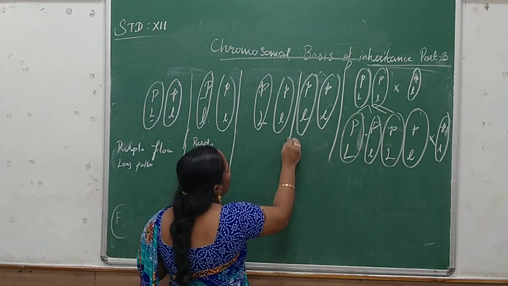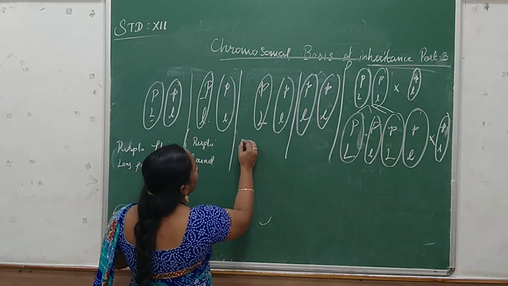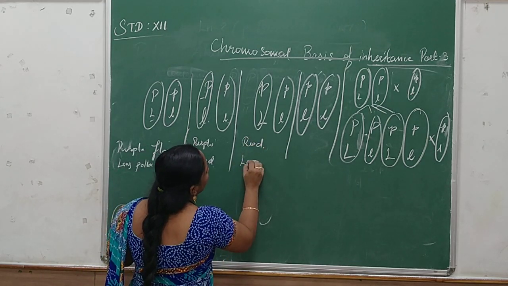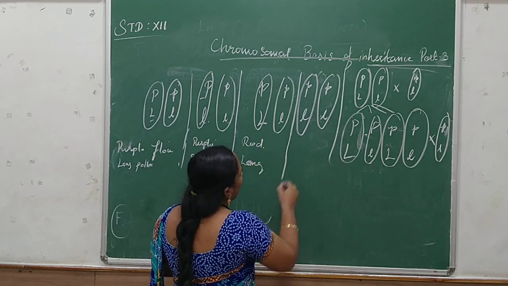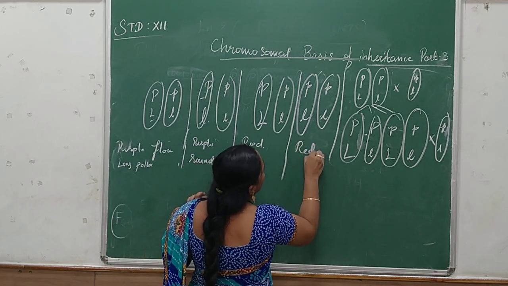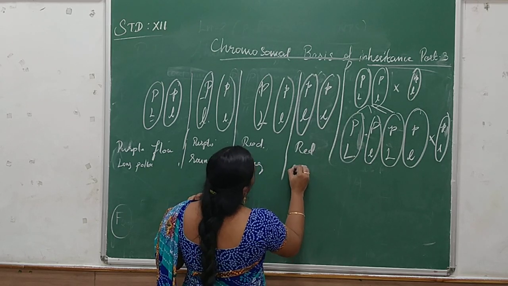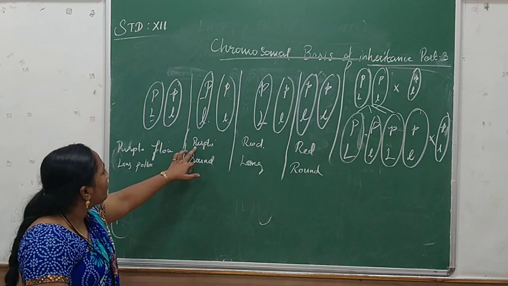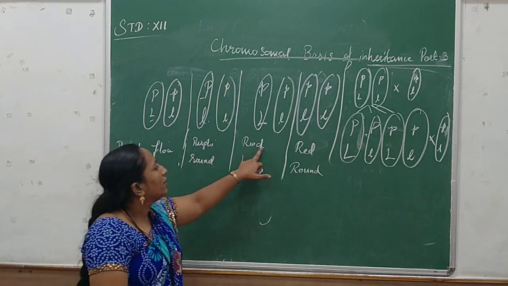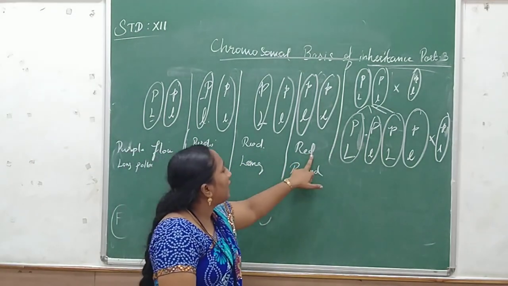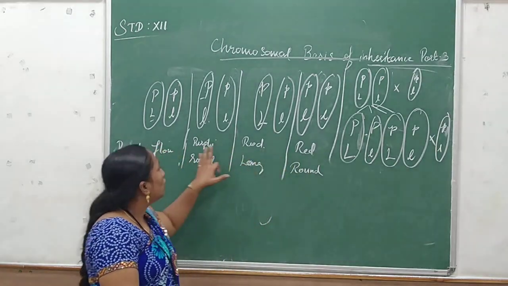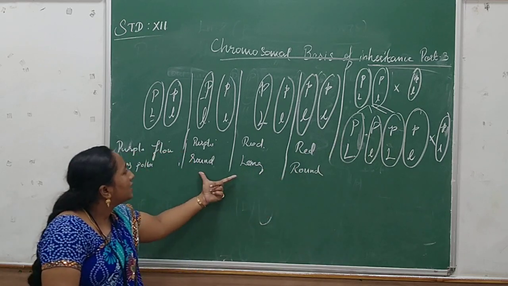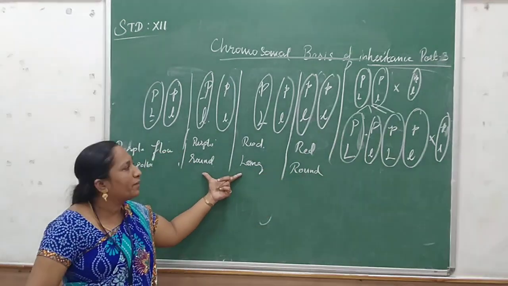Here this also is a new recombinant, red with long. And this one is red and round. So these are purple long, purple round, red long, and red round. The first and last are parental characters, and the middle two are newly formed recombinant characters.